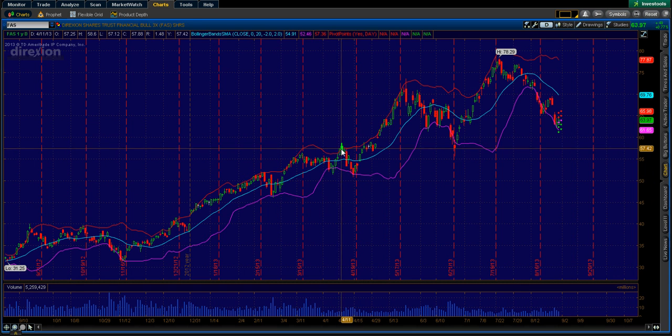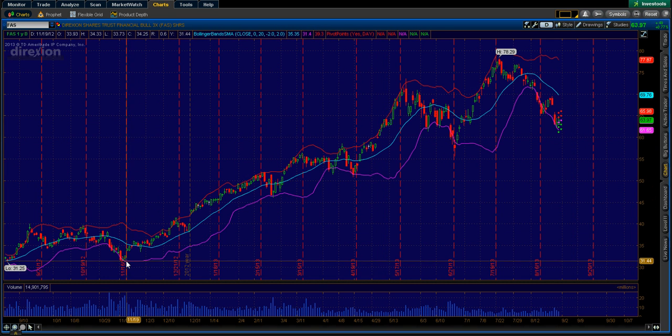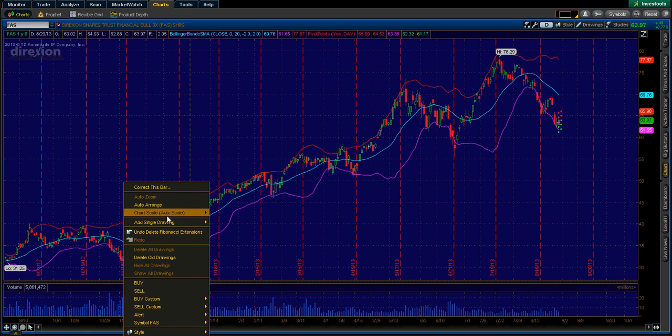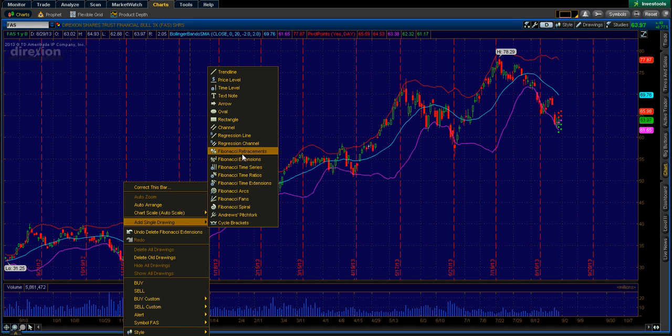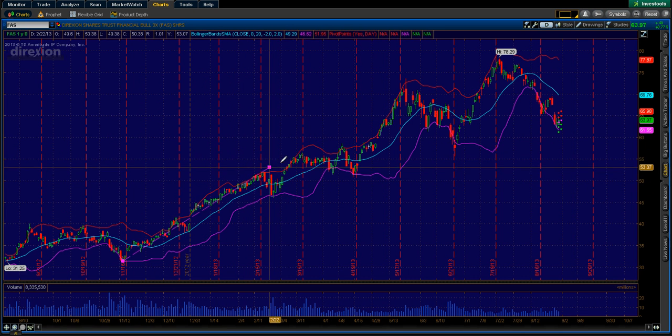So basically what I did was once it gapped up after that resistance, which was formed right at this little peak right here, this is where it's knocking its head up against that resistance. Once that resistance was broken, I went to my drawings tab in my Thinkorswim platform, and I am going to want a Fibonacci extension.